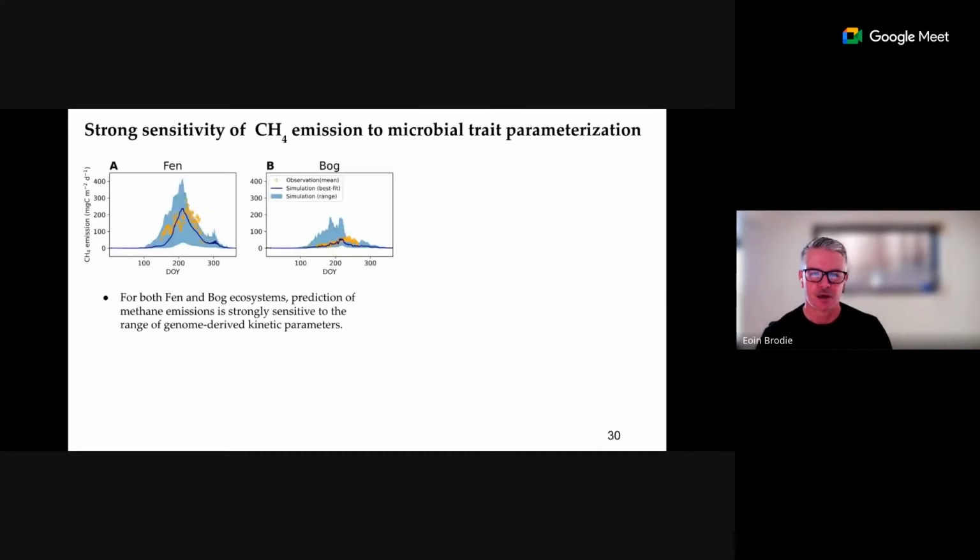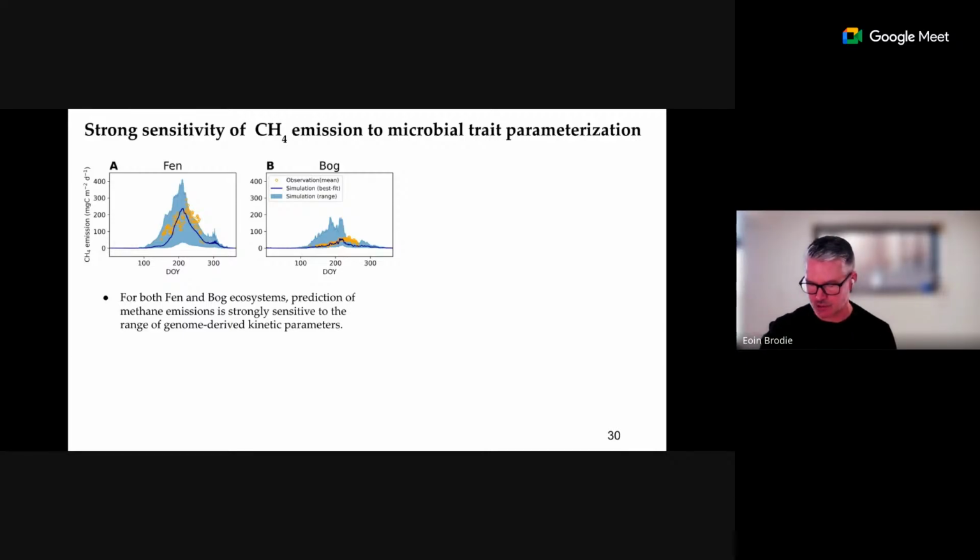All right. So when we use these genome-inferred traits in these models, we can then test the sensitivity of specific outputs of these models to microbial trait parameterization. What you're looking at here is the solid blue line, the simulation best fit. The orange dots are the observations.